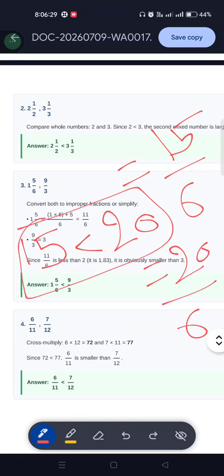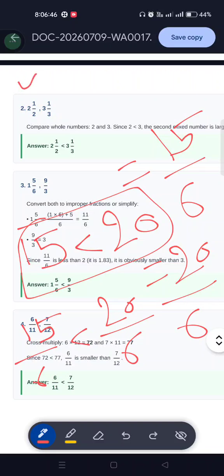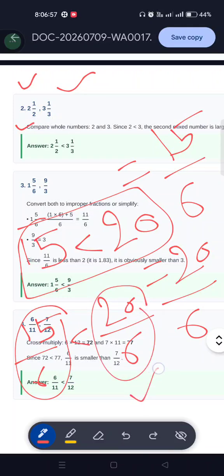So we can say that 15 upon 6 will also be less than 20 upon 6. So it means that 2 into 1 by 2 will be less than 3 into 1 by 3. Okay, because 15 upon 6 you are getting from 2 into 1 by 2, and 20 upon 6 you are getting from 3 into 1 by 3.